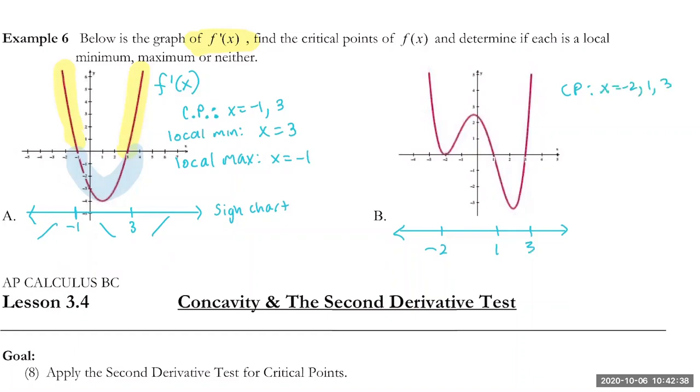Highlight, if it helps you, where it's above the x-axis. Okay, can you type in the chat, where does your local min occur?